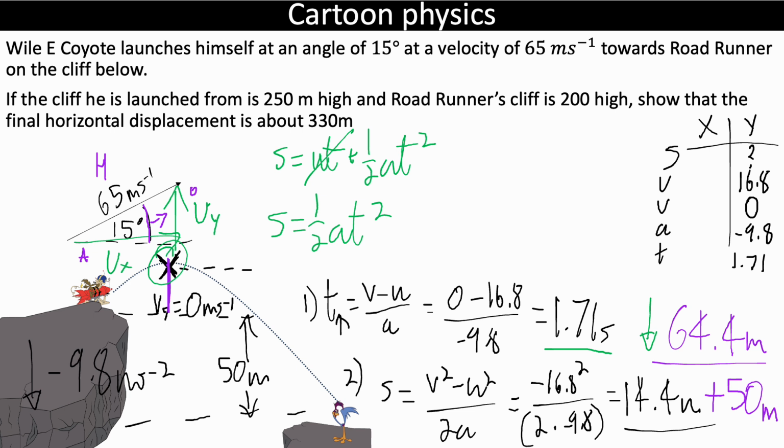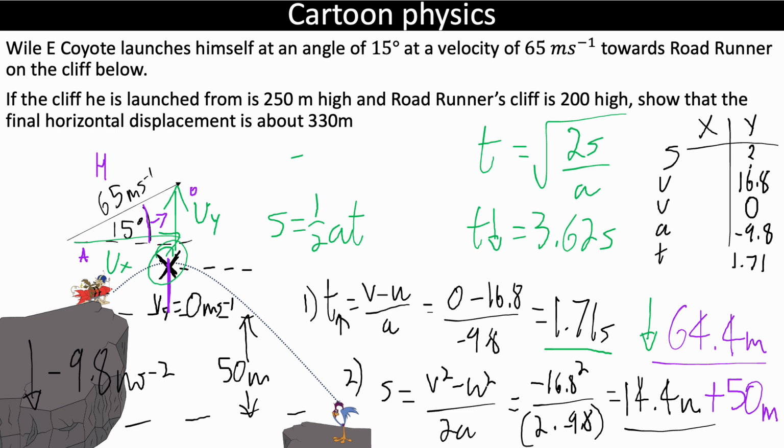This can be rearranged to give t equals the square root of 2s over a, so the square root of 2 times 64.4 over 9.8. That gives us a time to fall, the time down, of 3.62 seconds.